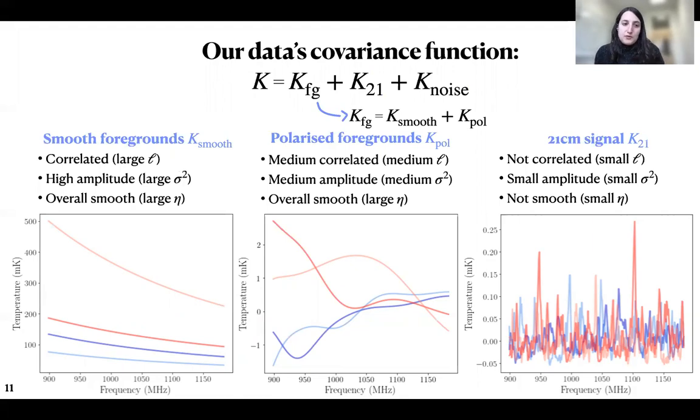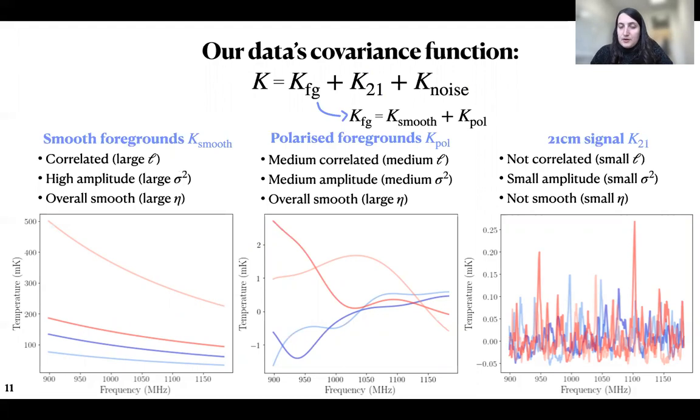For the smooth foregrounds, I'm showing the signal temperature as a function of frequency, and the different lines are just different pixels I've chosen to show from the simulation. You can see that the smooth foregrounds are very correlated in frequency, so they should have a large length scale. They're very bright, so they should have a large variance, and overall they're very smooth, so they should have a large spectral parameter.